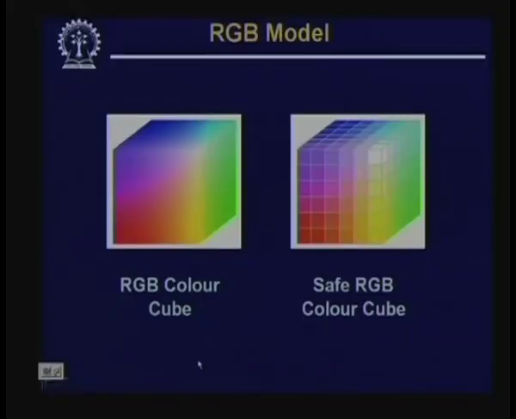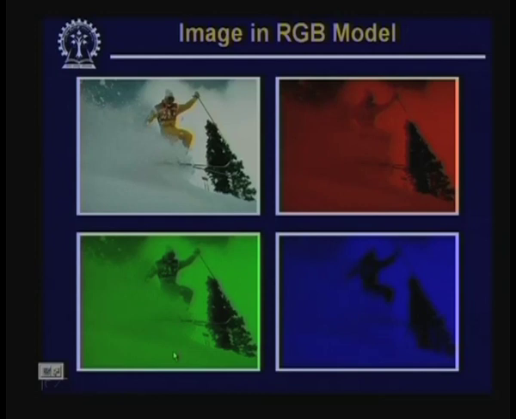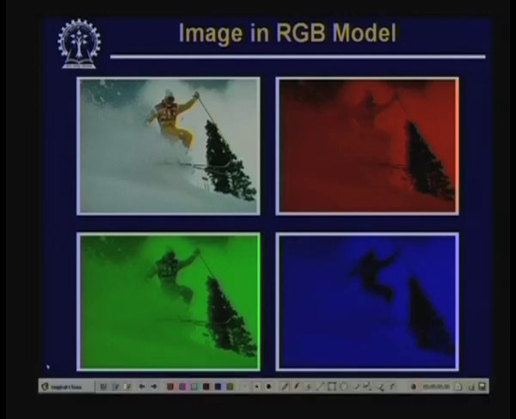If I take this particular color image, the top left image is the color image and the other 3 are the 3 planes of it. The red color component is represented in red, the green component in green and the blue component in blue.